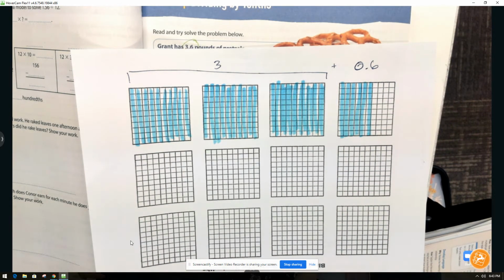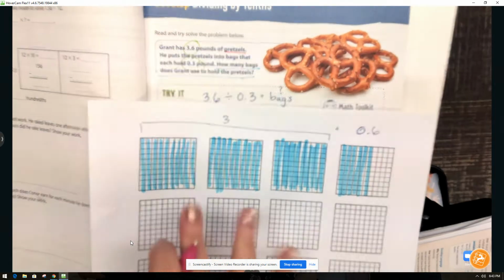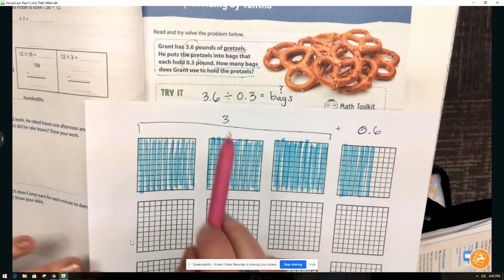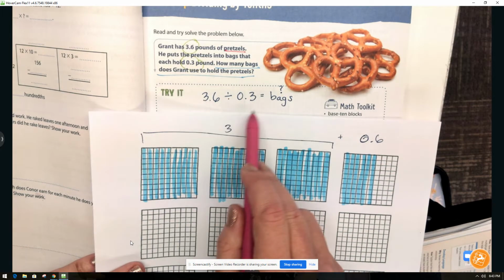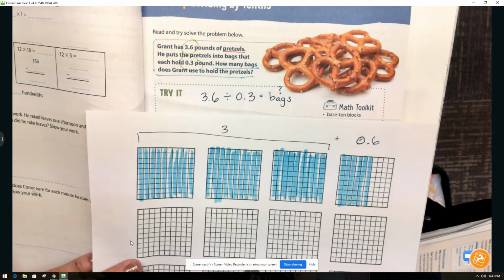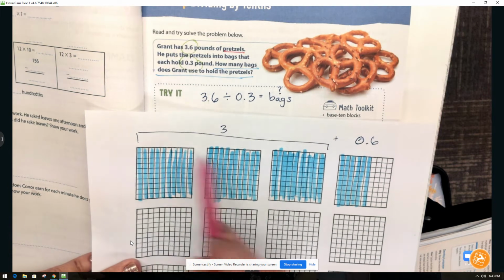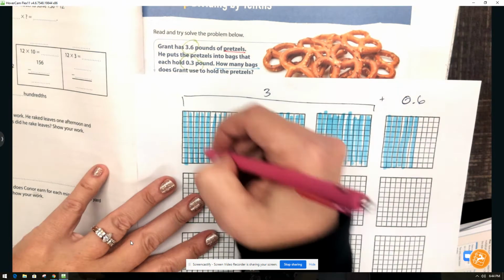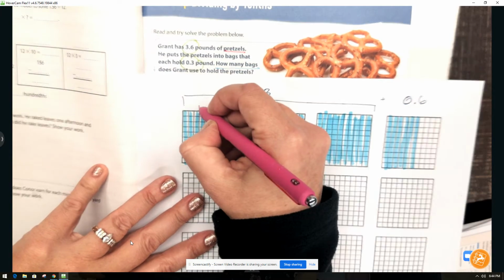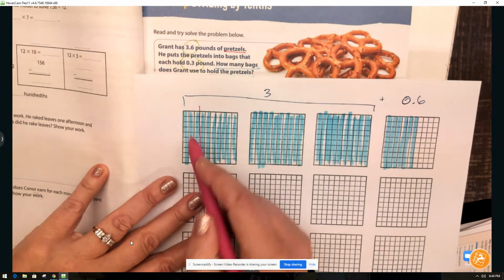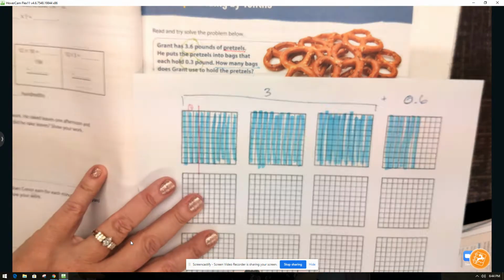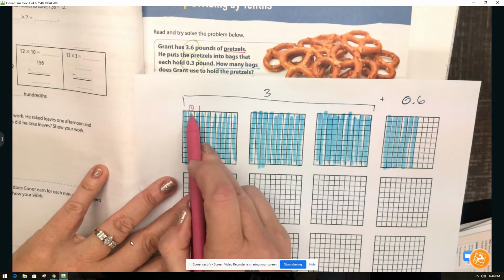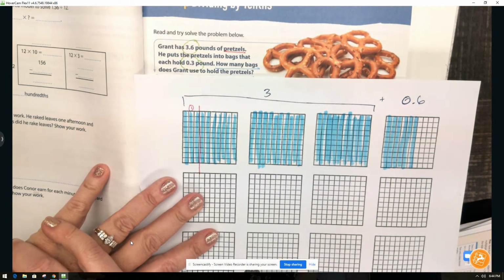Now we're going to say, all right, we need to break this 3 6/10 into bags that are 3/10 of a pound. And we know that each one of these is a full pound. Okay, so right here, this is one group of 3/10 because I have 1, 2, 3/10.